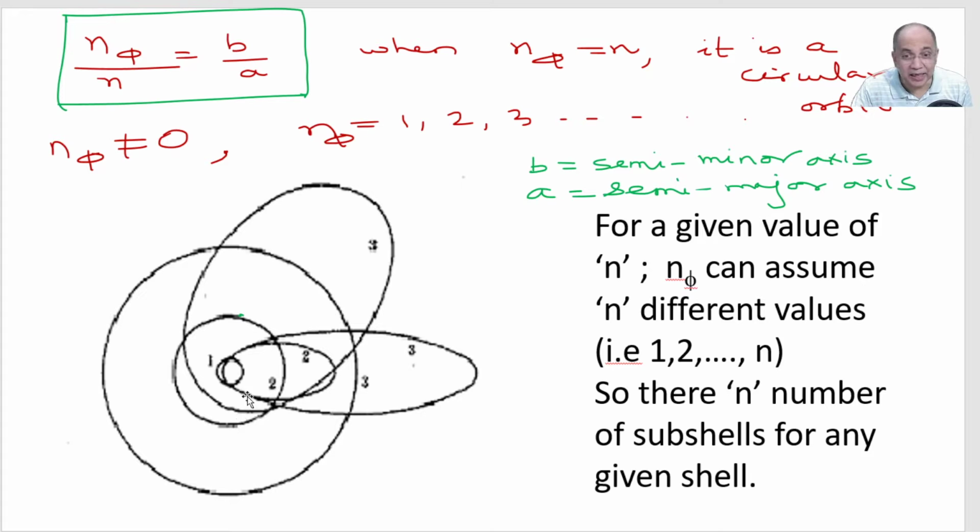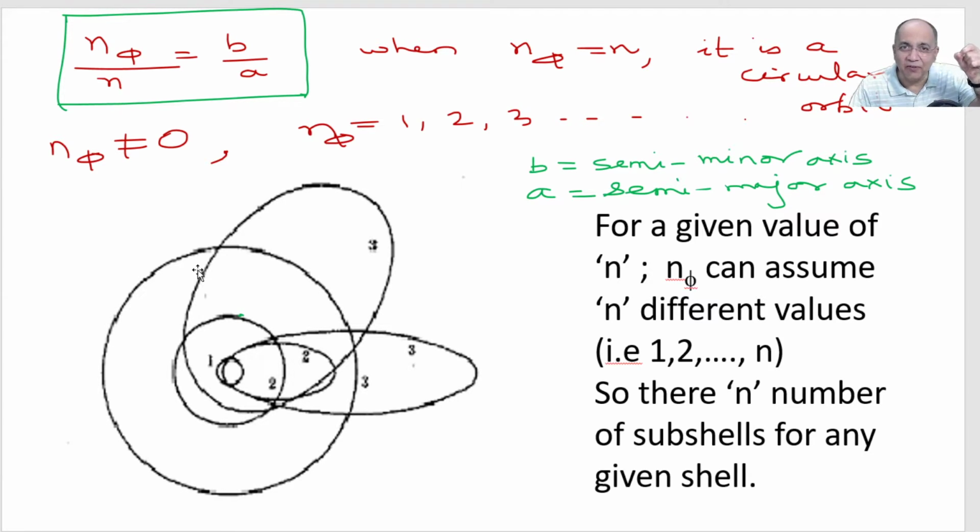But in the second cell, there are two n phi values. I told you the number of n phi values, as per his assumption, will be the number of the principal quantum number value. If n is equal to 2, there are two n phi values, 1 and 2. The number of values is 2, right?